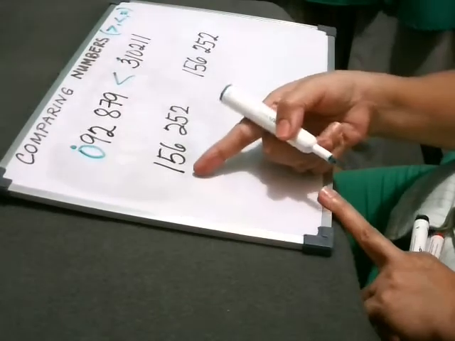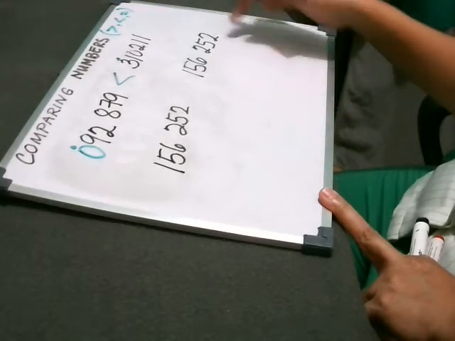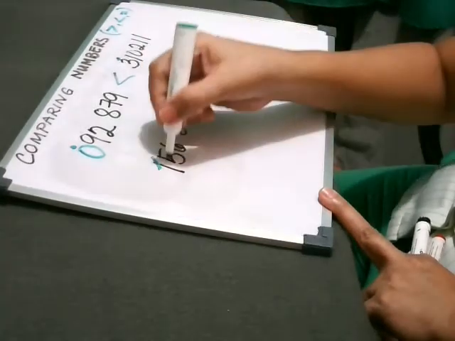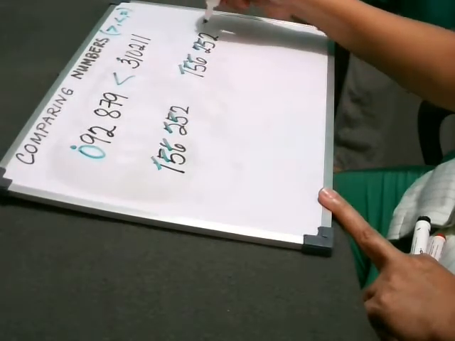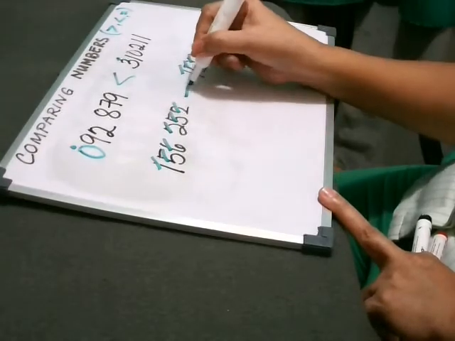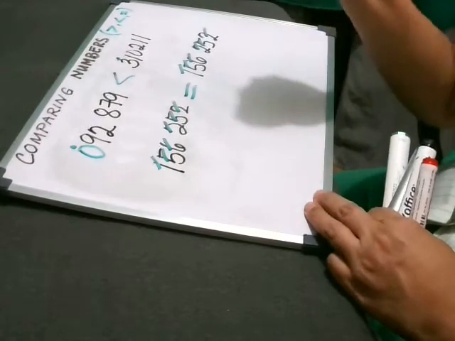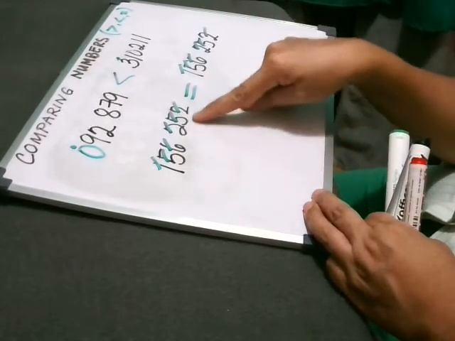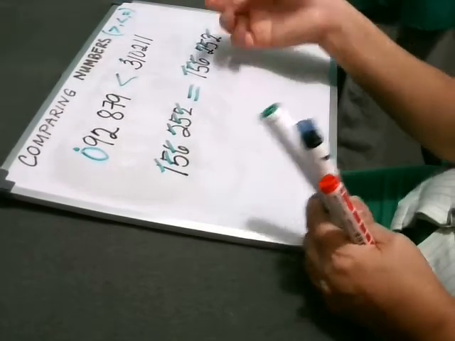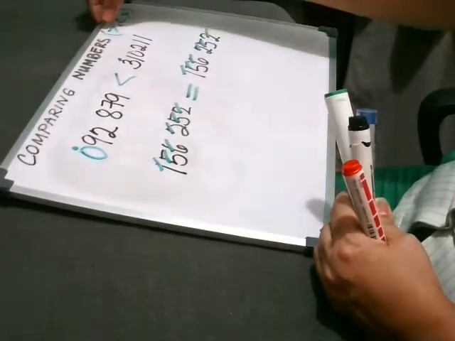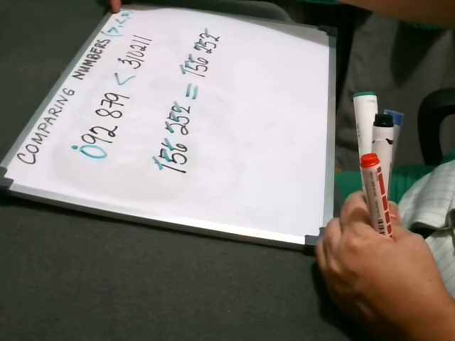You just count the number of digits: 1 2 3 4 5 6, 1 2 3 4 5 6, and then 1 1 5 5 6 6 2 2 5 5, and then 2 2, meaning to say they are equal. If you have good eyesight, you can be very quick to answer this one. By just looking at the numbers, they are the same, so answer it right away. So that's how we compare numbers using the greater than symbol, the lesser than symbol, and the equal symbol. That's it.